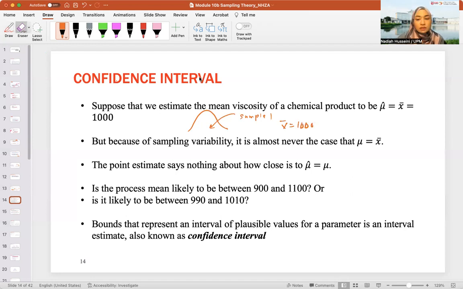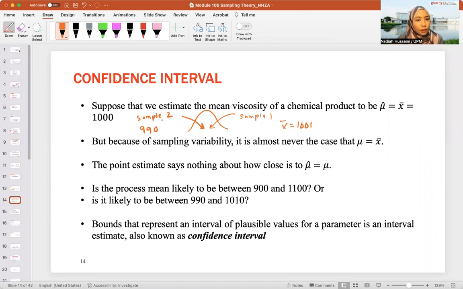Then you take another sample from this population, sample number 2, and you get a different mean, 990. Is it incorrect? No, it's perfectly fine. This is what you got from the sample. So this is what is meant by sampling variability.